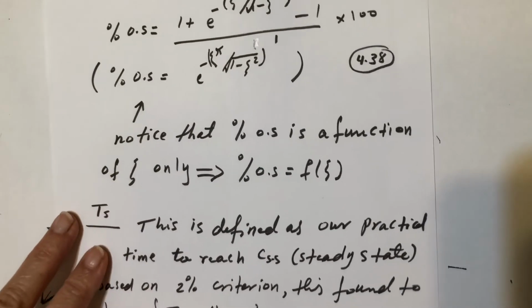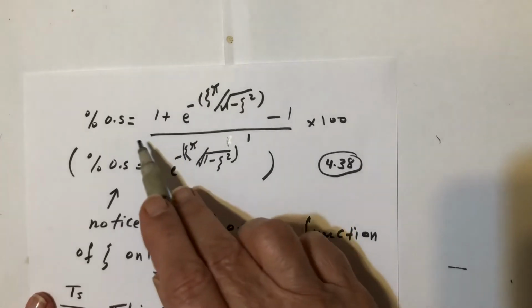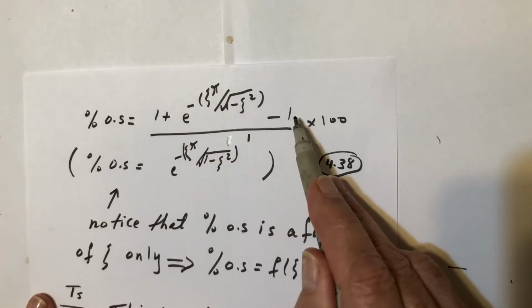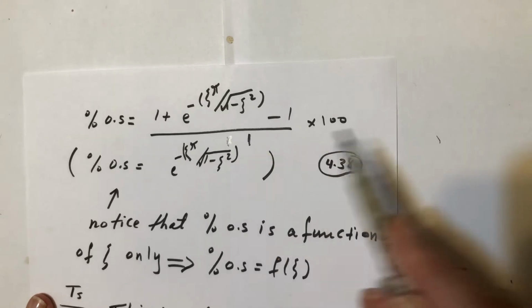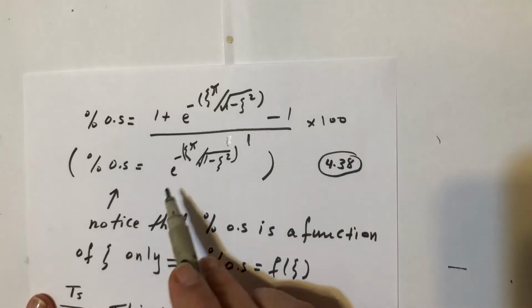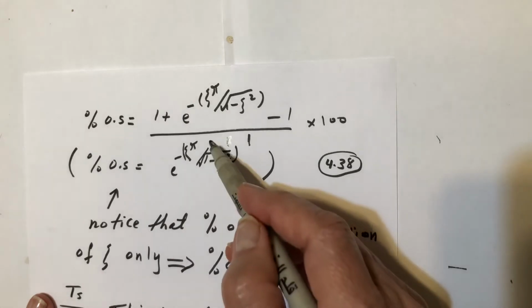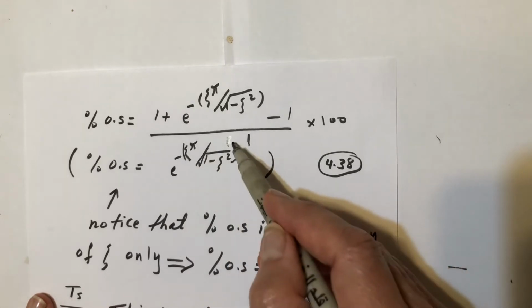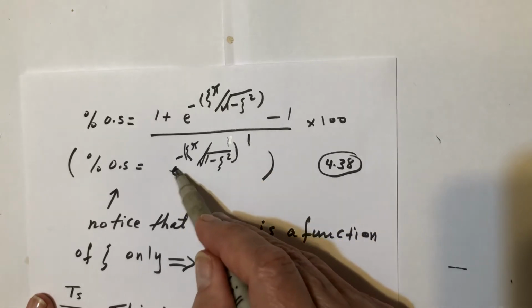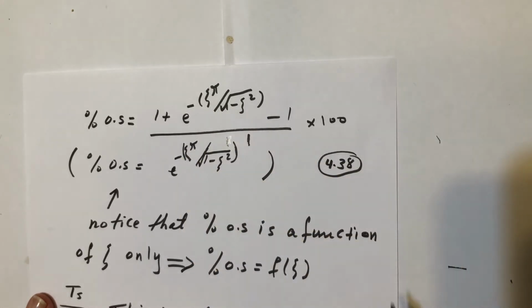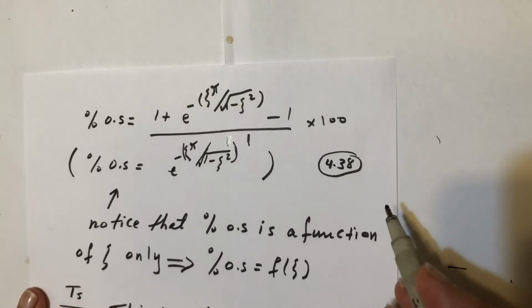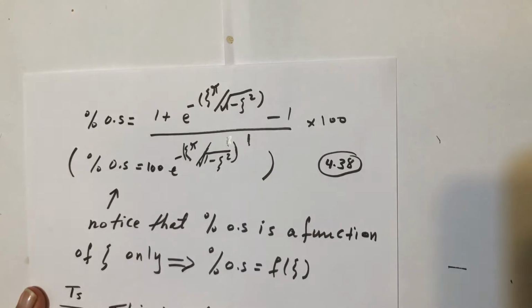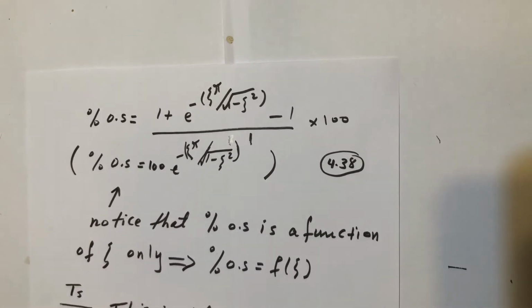So we'll have percent overshoot equal to 1 plus this, which is the C max, minus C final, over C final, which is 1 here, times 100. So it will be e to the power of minus zeta pi over the square root of 1 minus zeta squared, all raised to the C max, and of course times 100 if it's a percent overshoot, okay?